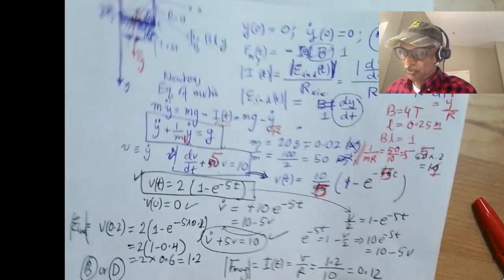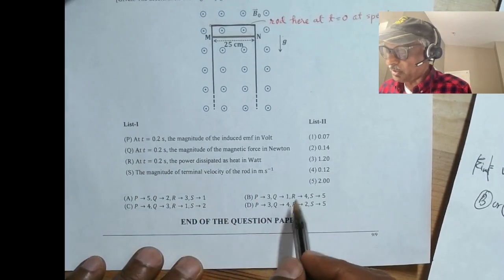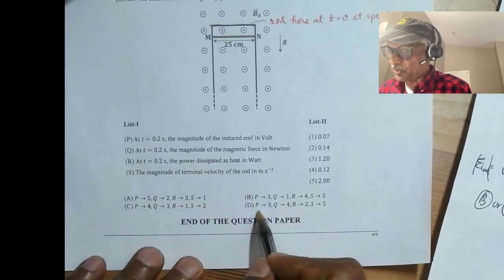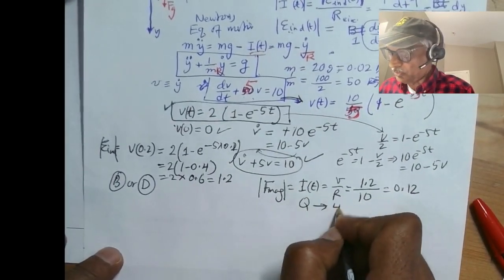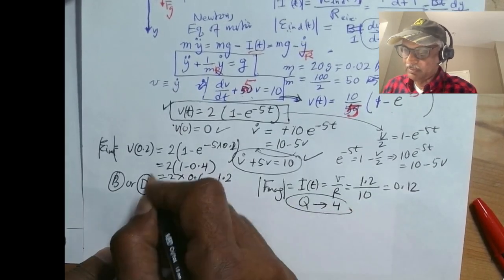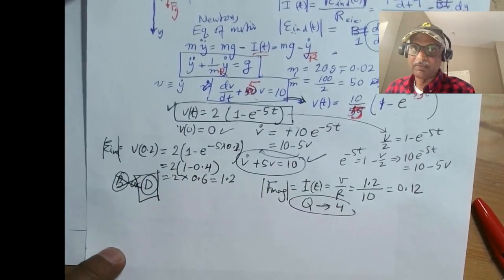Let's see what 0.12 is for Q. 0.12 is 4. Q goes to 4, so it's D. So Q goes to 4 rules out B, and the answer is D.